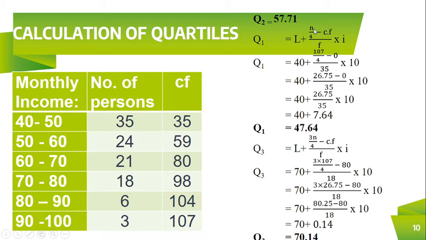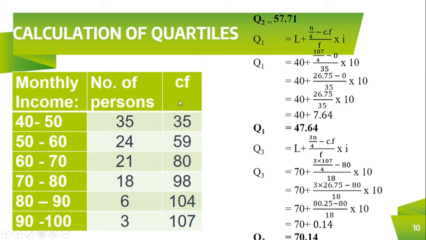Q1. Q1 is n by 4. You find n by 4 first. So after finding n by 4, we can go and find out L. N by 4, 107 by 4, which is 26.75. So 26.75 lies before this. So the class after that is 40 to 50. So L is 40. 40 plus N by 4, 107 by 4 minus CF.